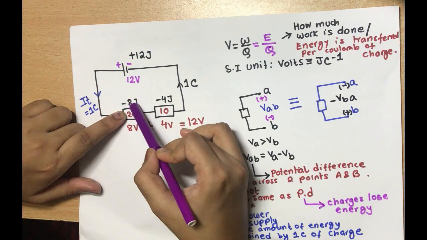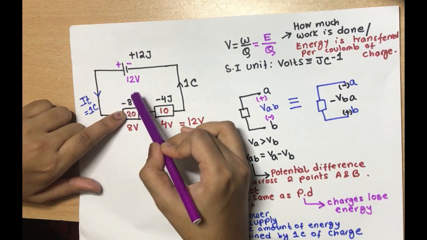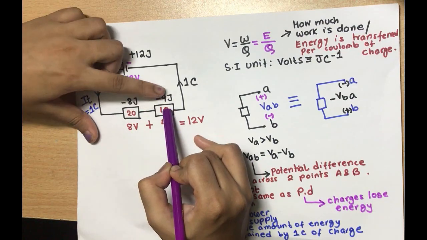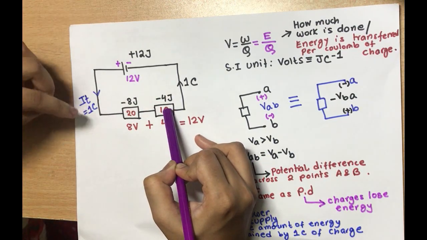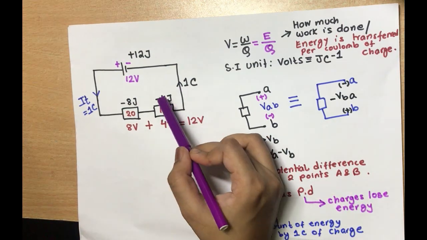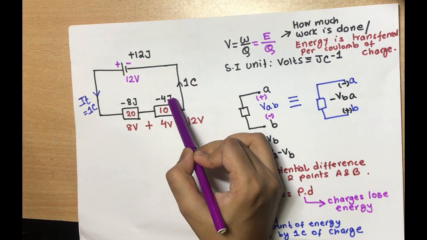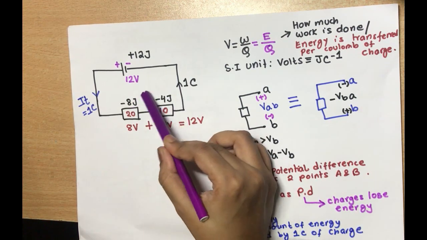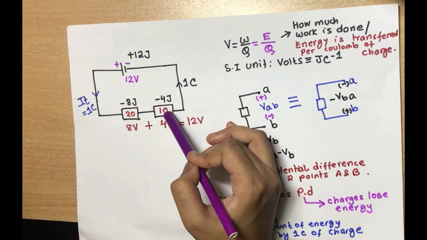So we represent this loss of energy by negative 8 joules. And after passing through the second resistor, the 1 coulomb of charge loses the remaining 4 joules of energy. So here the charge of 1 coulomb has already lost the 12 joules of energy.